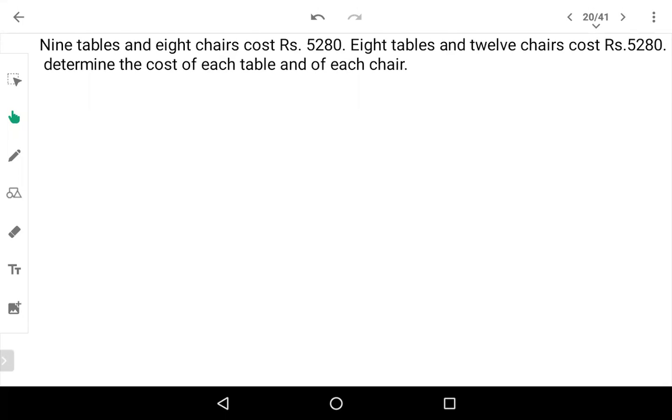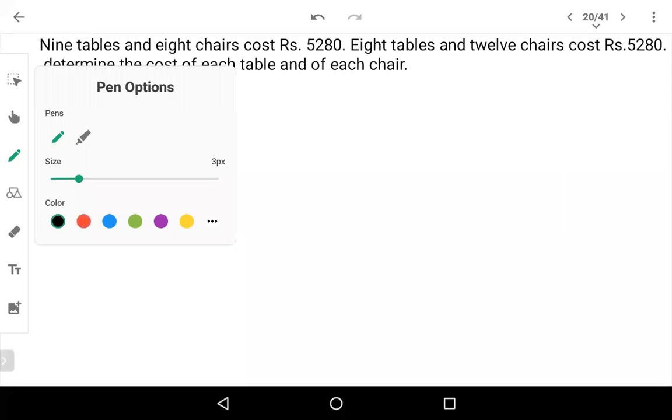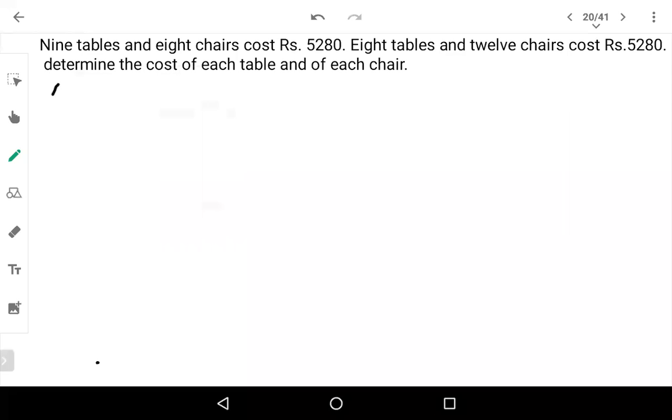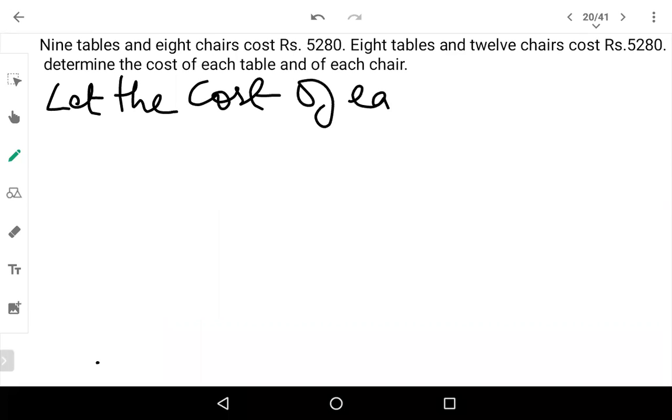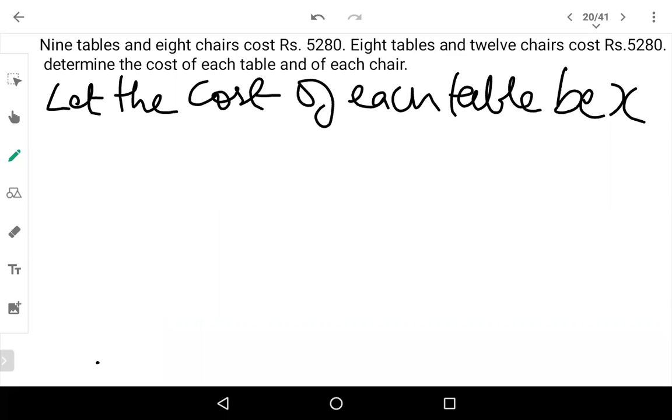Now, let us define each of them slowly. Firstly, what are we going to define? Let the cost of each table be X. Now, why am I defining it as X? They have asked us to find the cost of each table and each chair. So this is the unknown part of the question.